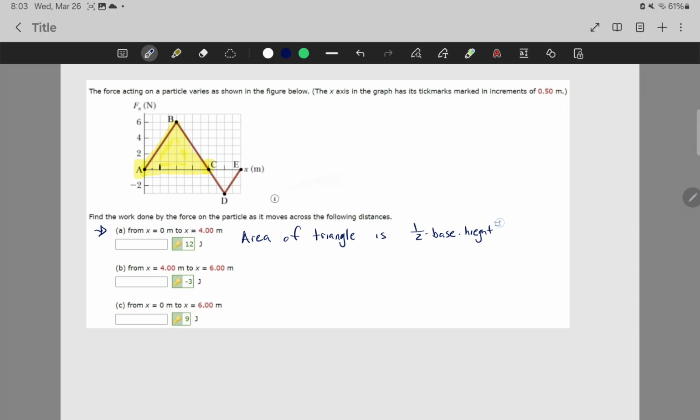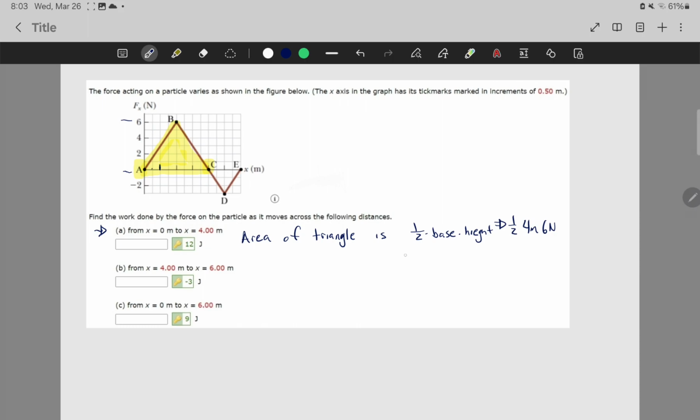For this example, it's 1/2. The base is from 0 to 4, so that'd be 4 meters. And the height goes from 0 to 6 newtons.